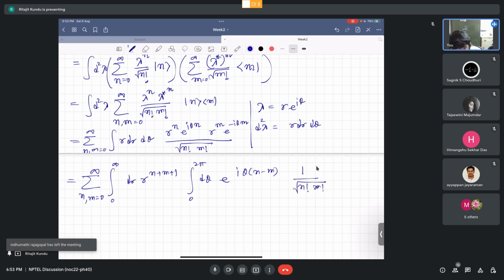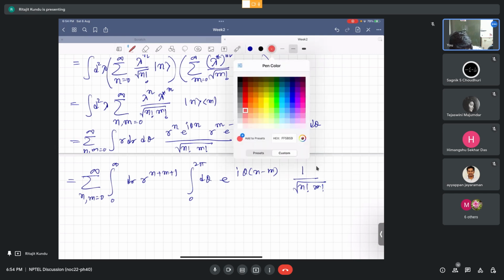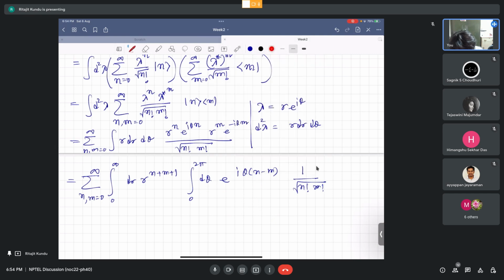Now let's have a close look at this thing. You see that this is just sines and cosines. What happens when you integrate a sine or cosine over the full period? Because sines and cosines have positive and negative parts, this cancels over the full period. But this will be non-zero when n is equal to m.